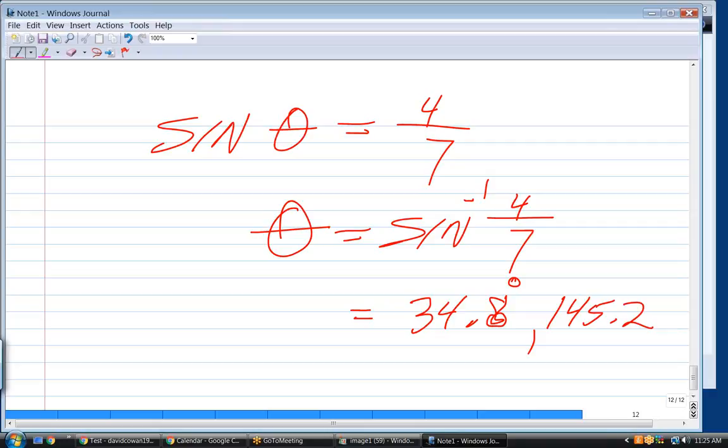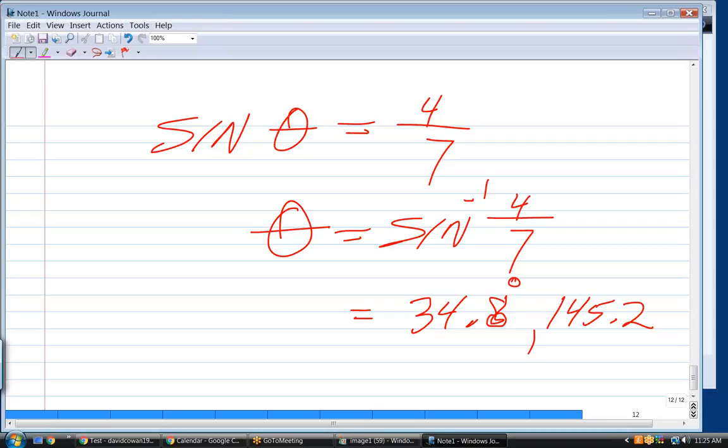So always know that your calculator is only giving you one of the two answers in the unit circle, because there's always two quadrants that have the same plus or minus sign. Same thing with cosine and same thing with tangent.